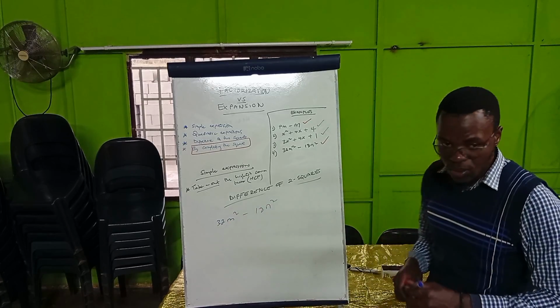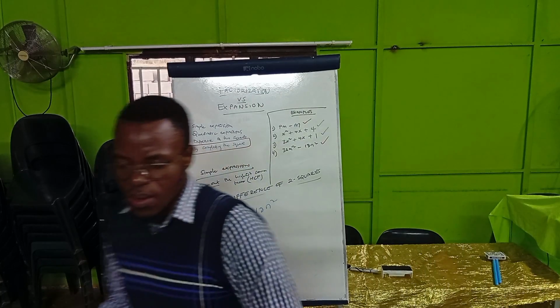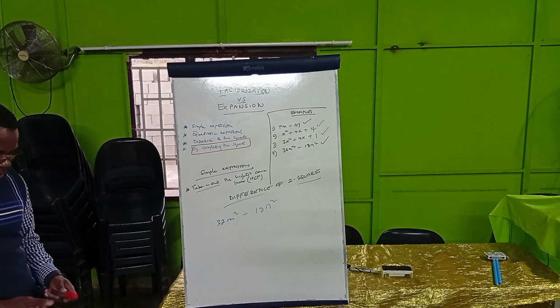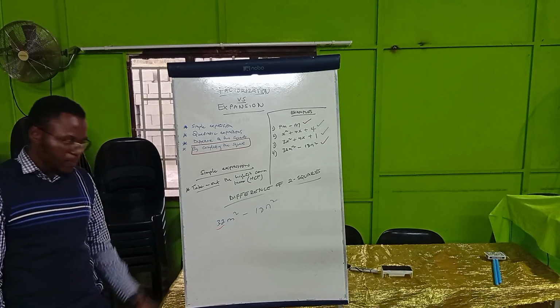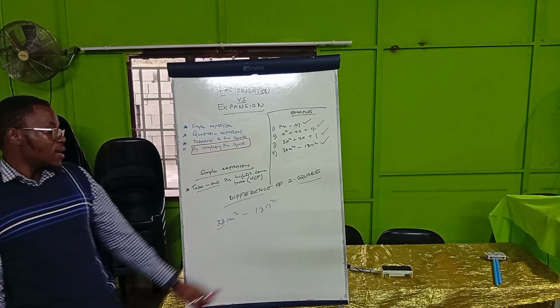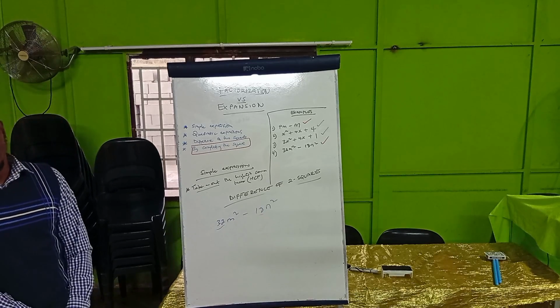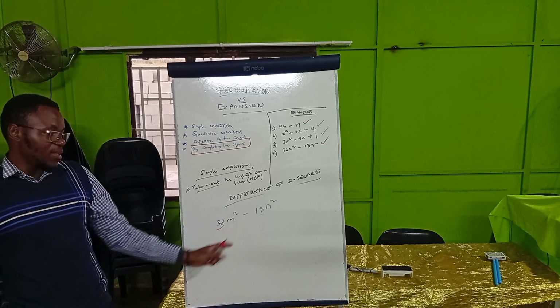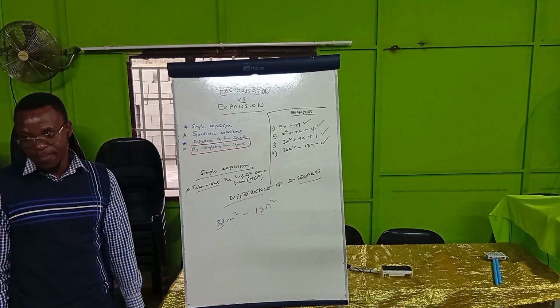So what is wrong with this one? Or is there anything wrong with this one? If you look at the numbers, what's wrong? Is 32 a square number? No. Is 18 a square number? No. But this is still a difference of 2 squares because this is a square term minus another square term.